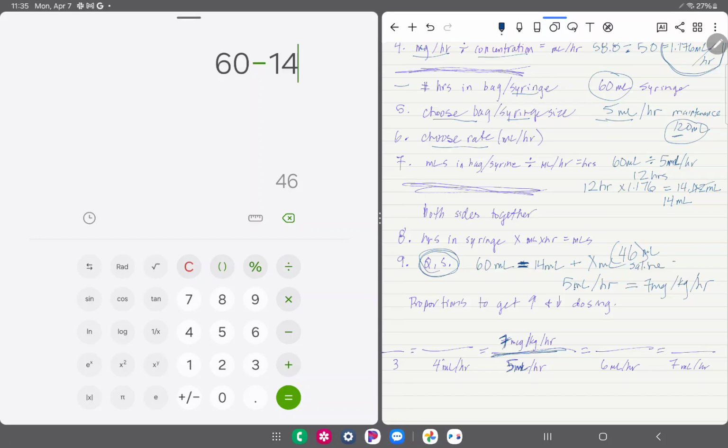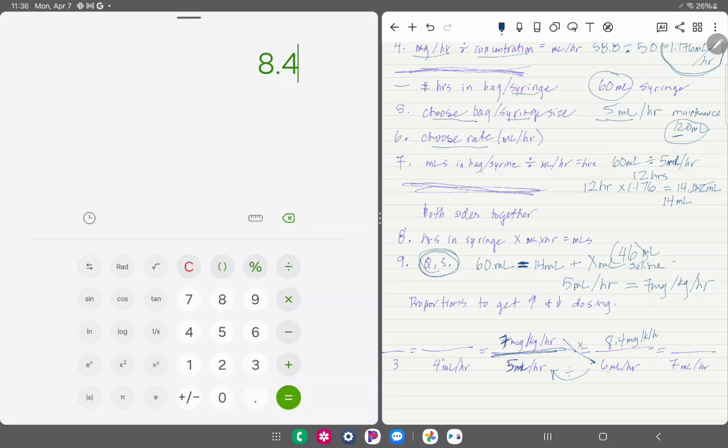Every time I run 5 mils, I'm actually running 7 mic. Okay, got it, perfect. So if we're going to cross multiply, opposites are times, and straight across is divide. 7 times 6 divided by 5. And that goes up in the blank space here, 8.4 mic per kg per hour.